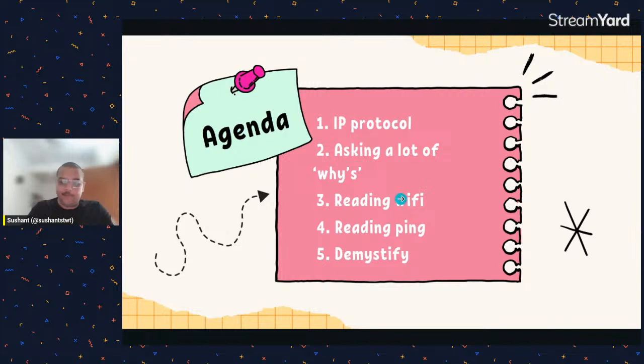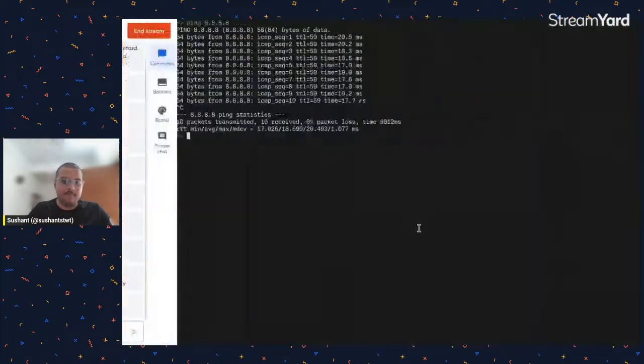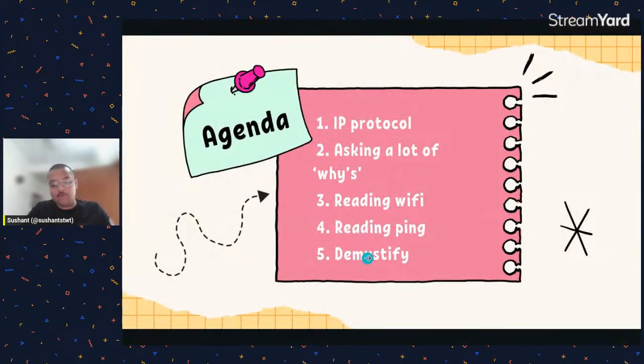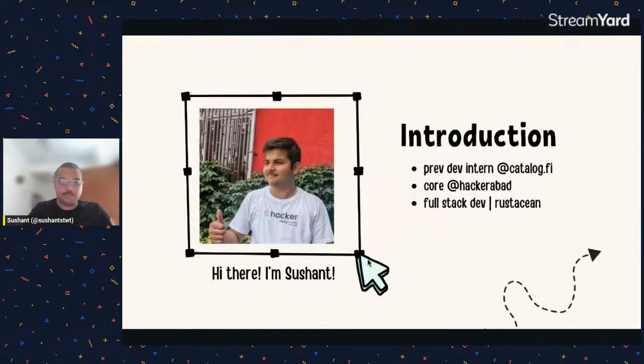Then we will try to read Wi-Fi. If you have ever connected to a Wi-Fi, you will see the address, subnet mask, your gateway. What do all these things mean? Then we will try to read ping, and what was happening there, and then we will try to demystify some stuff.